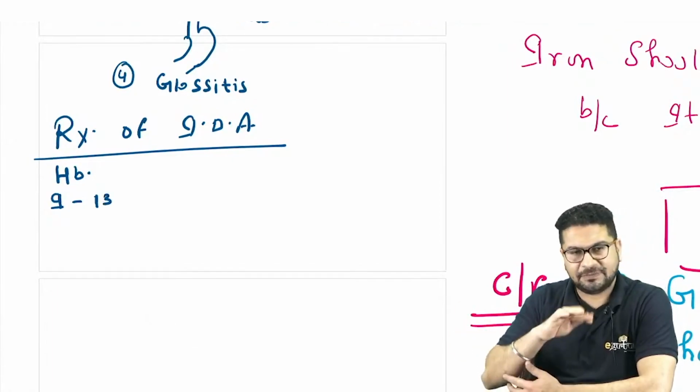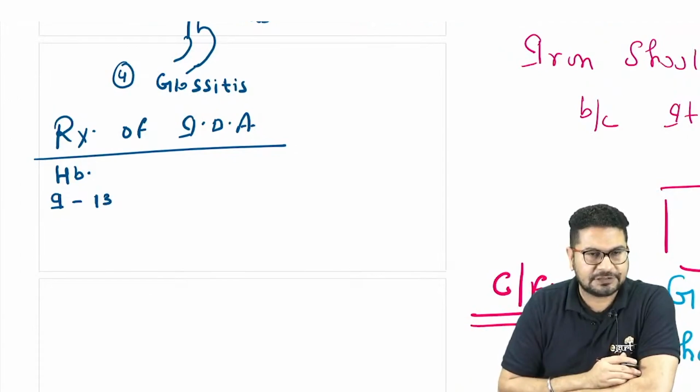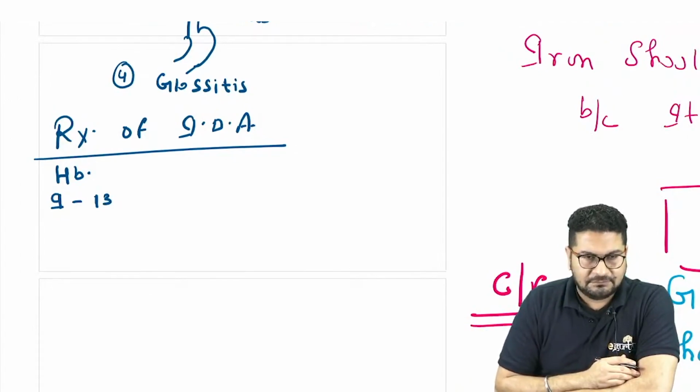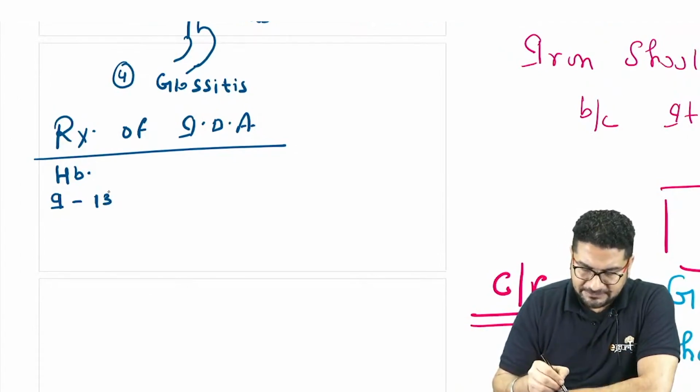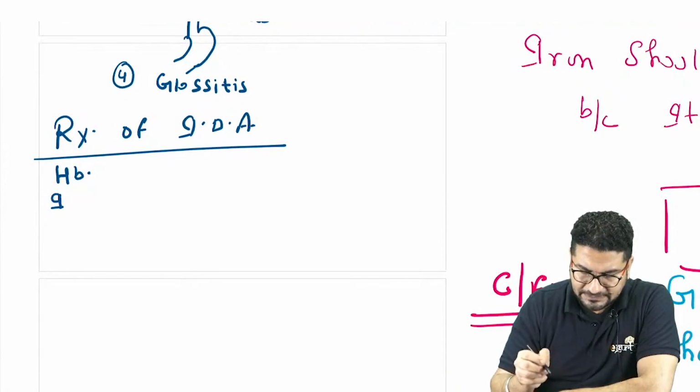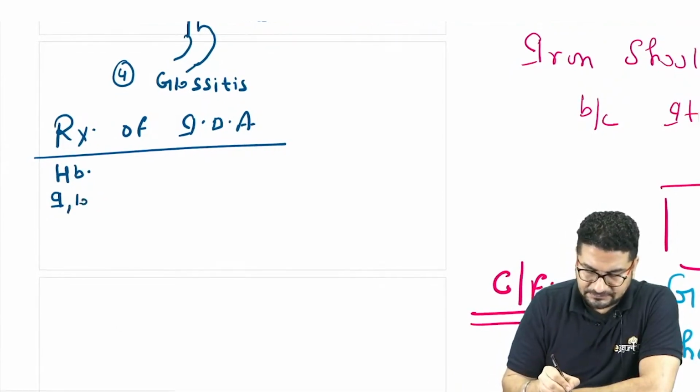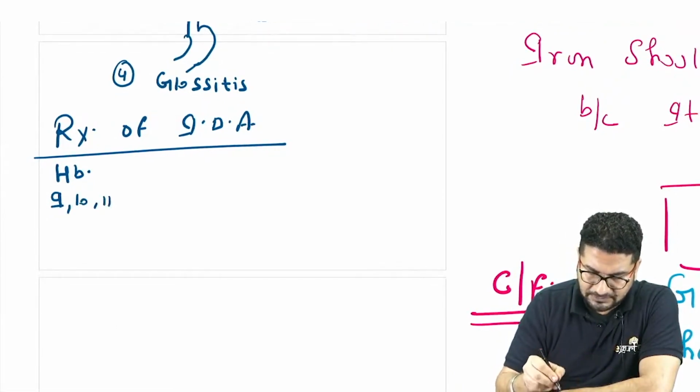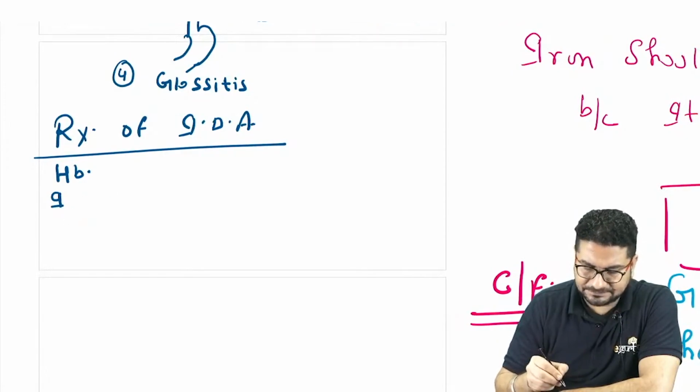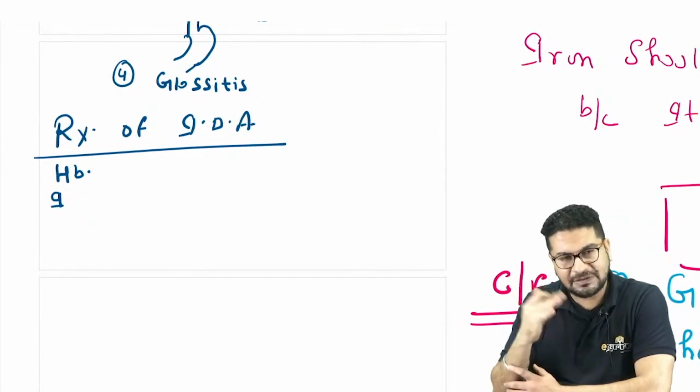Indian females 9 to 11. Clear? Let me write this, because 13 is normal. In Indian females, till 11 is also normal.